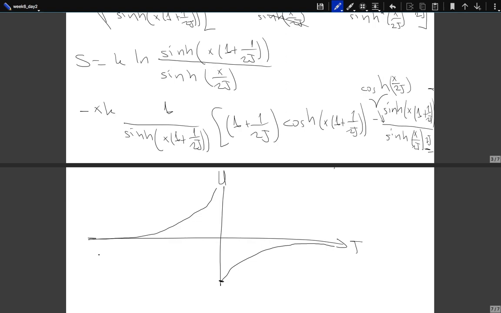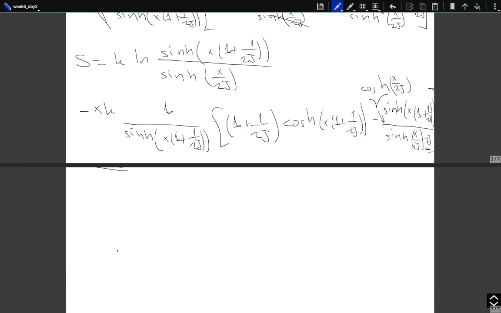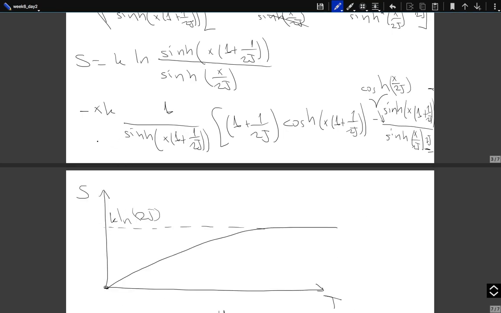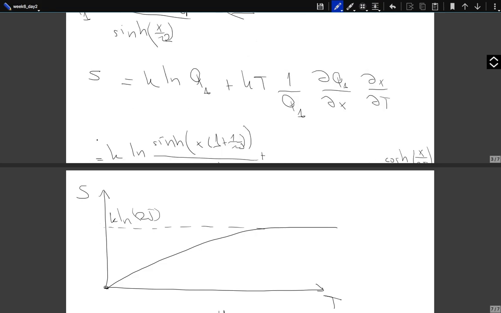Well, again, to obtain some analytical results, let's just look at the case J equal to 1/2. This will be a simpler case, so we will have some analytical solutions. Now, what I would like to do is express, let's say, S and U in terms of themselves, or express the temperature and the entropy in terms of U, so that we can look at what happens in the whole possible range of U. Let's start with Q1.